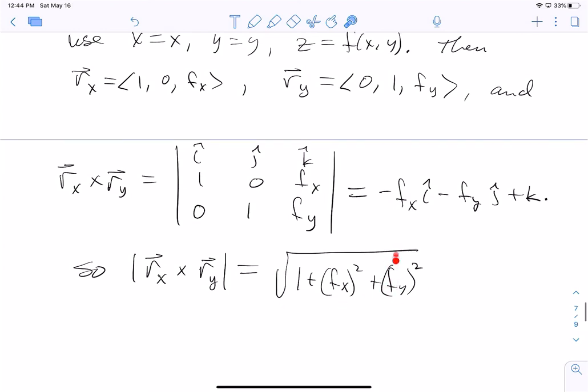If we disregard the f_y squared, we have the square root of 1 plus f_x squared, and that agrees exactly with an arc length formula from a previous section. Here, though, we've got a two-dimensional input, x and y, so we have to take into account that additional dimension in this formula for surface area.